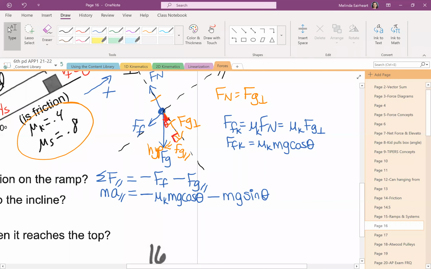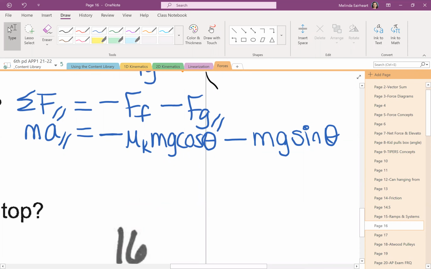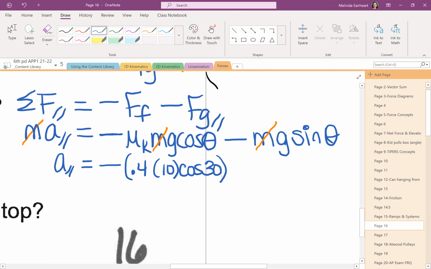When you put it in variable form, every single term, MA, mg cosine theta, mg sine theta. What happens if you divide the whole thing by mass? Boom, boom, boom. We get acceleration is equal to a minus, if you go back up and see mu k, they told us was 0.4, times gravity, times cosine, I think it stayed 30, minus 10 sine 30.